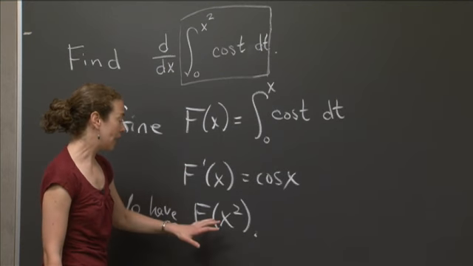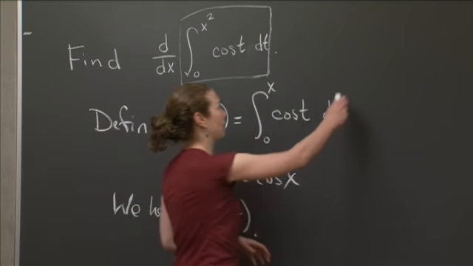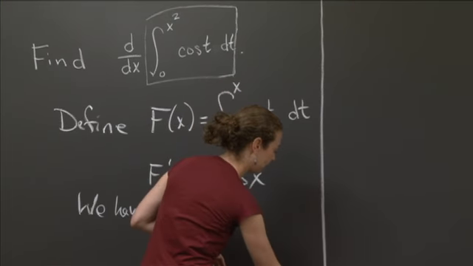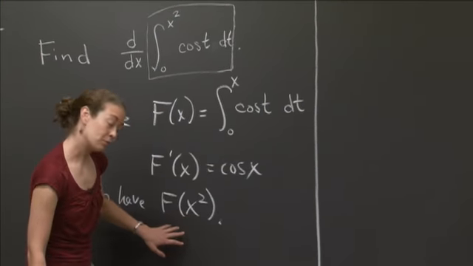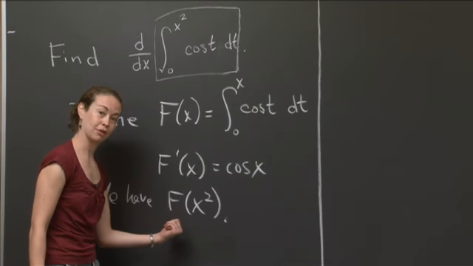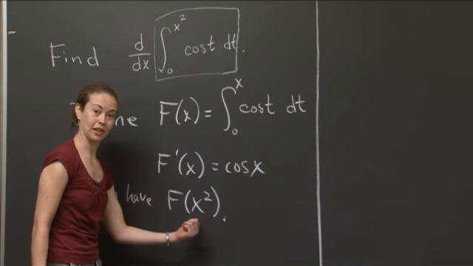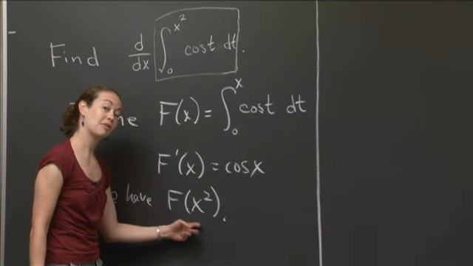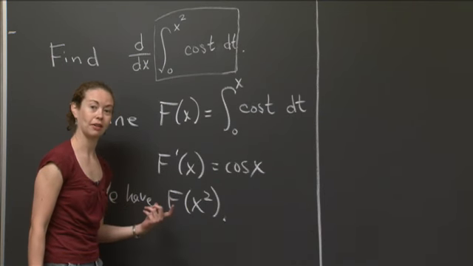So just in general, how do we think about the chain rule? Remember what we do: we take the derivative of the outside function, we evaluate it at the inside function, and then we take the derivative of the inside function and multiply those two together.